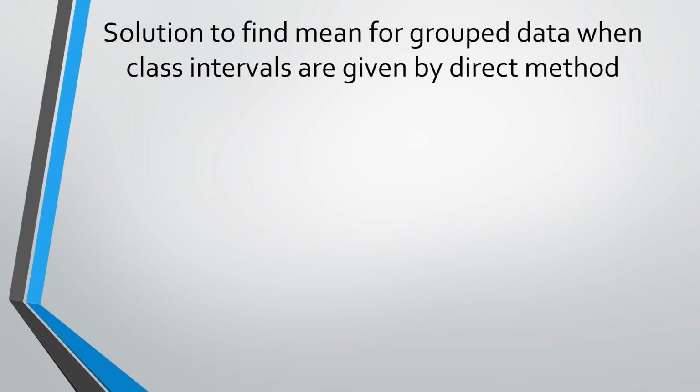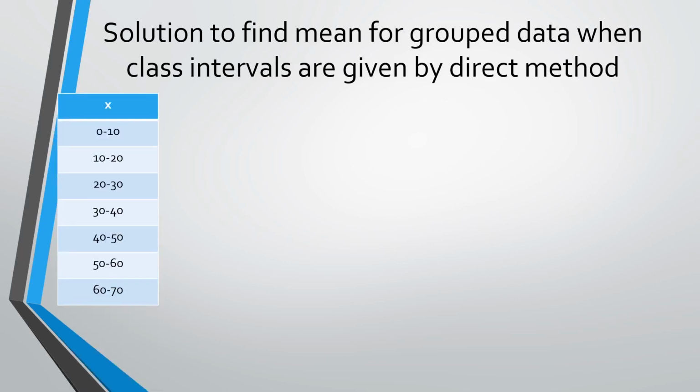The formula by direct method is mean is equal to summation of Fm divided by N, where Fm is the summation of the product of frequency and the midpoint, and N is the summation of F.